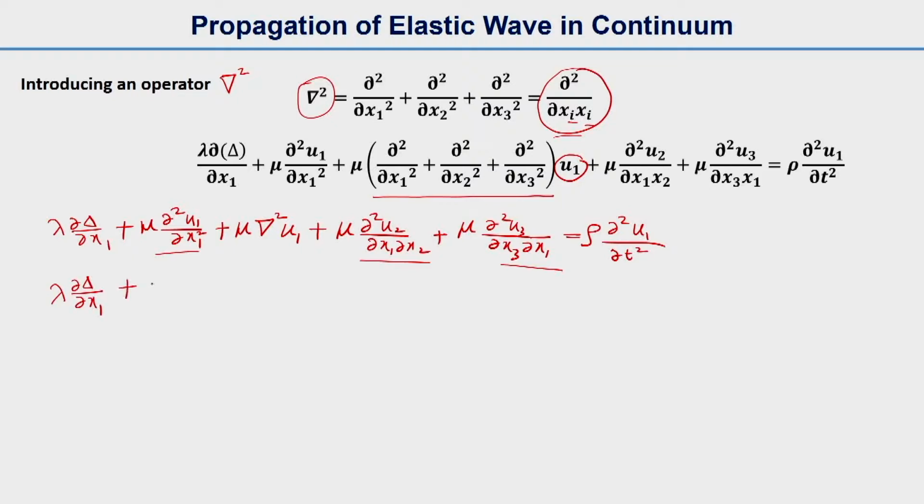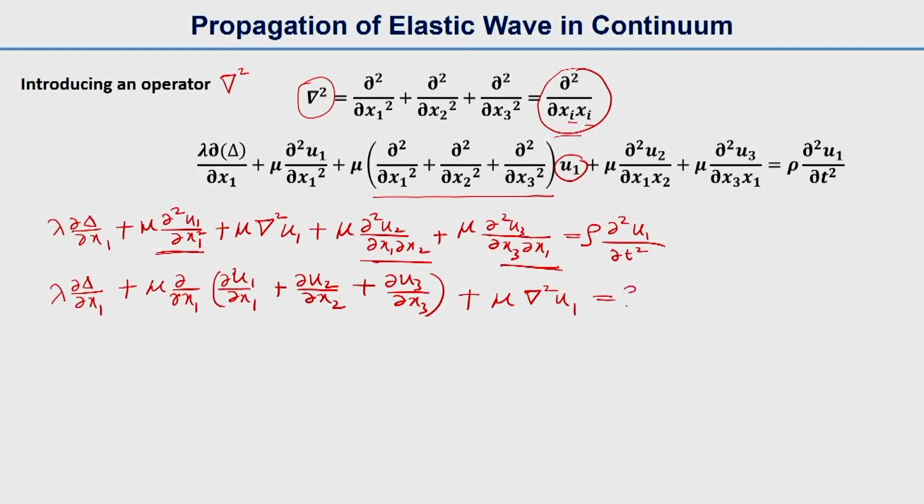So that will give us mu times the partial with respect to x1. What we did is combine this term and this term, and we are left with one more term, rho times the second partial of u1 with respect to t.